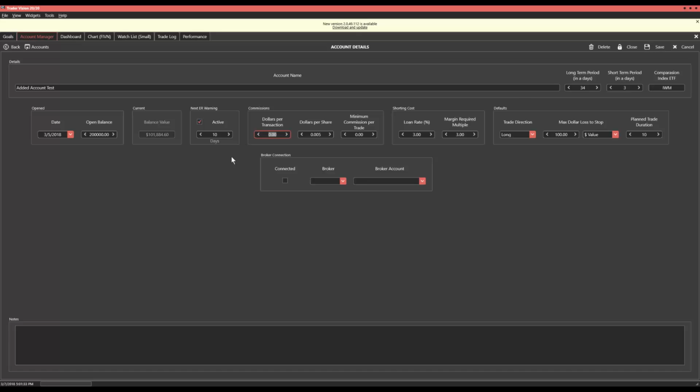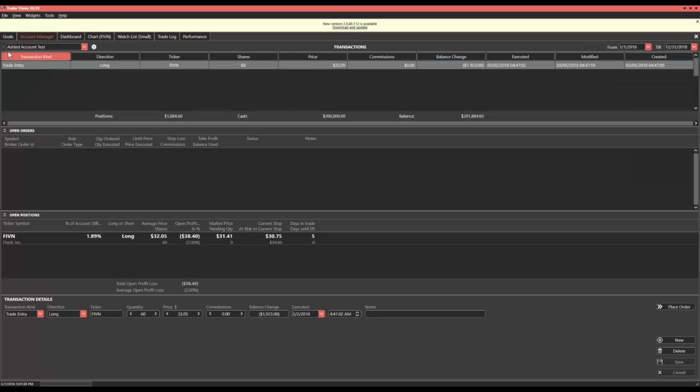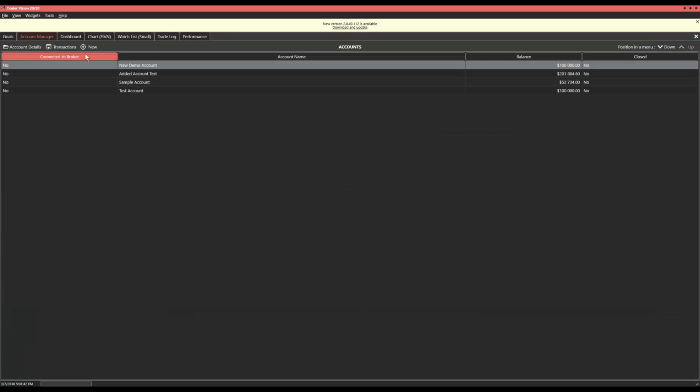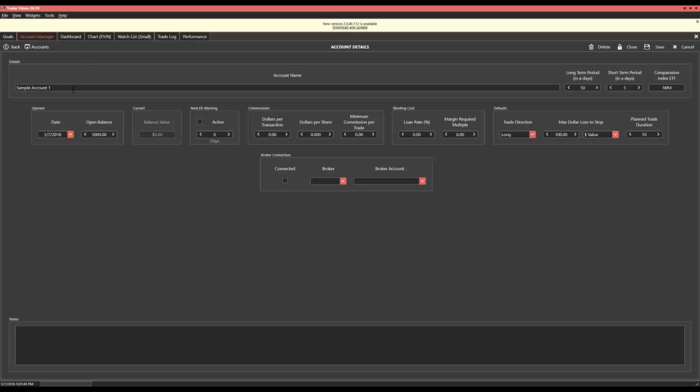Or if it's a new account, let's save this first. If it's a new account, you would click Accounts, New, and you could set up Sample Account 2, and let's say it has 500,000 as a starting account balance.